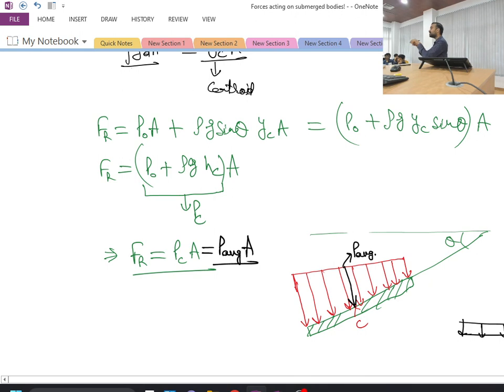Though the force is distributed at each and every point of the plane, if I have to represent its equivalent force with the help of a single line of action, then for this type of situation my resultant point force line of action is actually at this point.